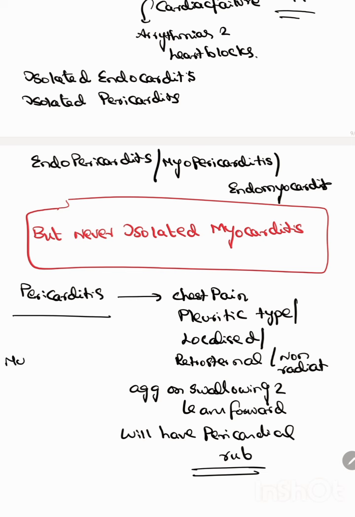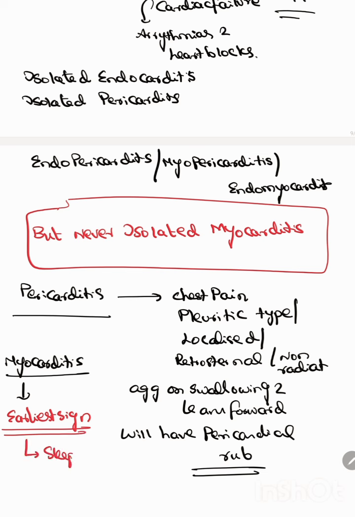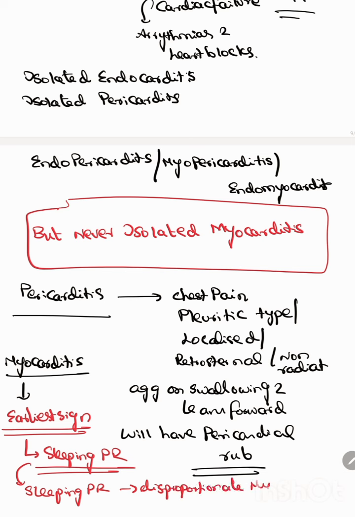Next, myocarditis. The earliest sign you tend to pick is sleeping pulse rate. If there is disproportionate tachycardia in sleep, that is the earliest sign of myocarditis.